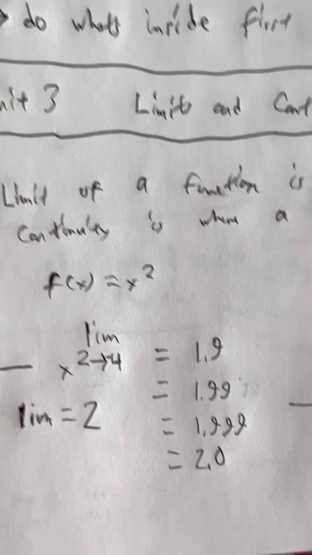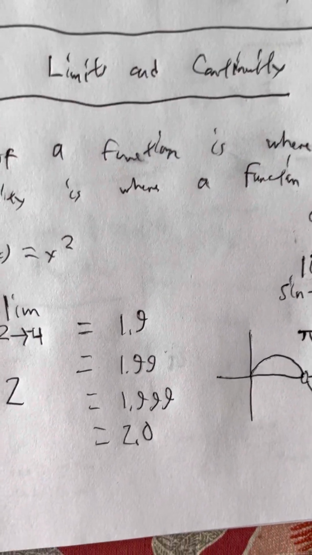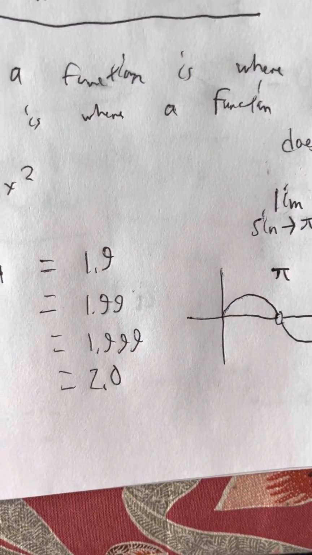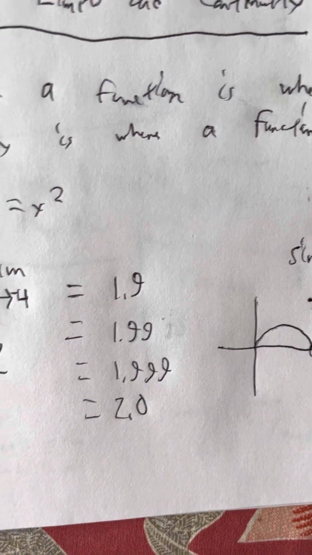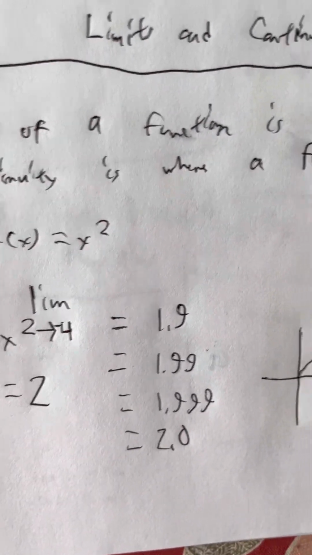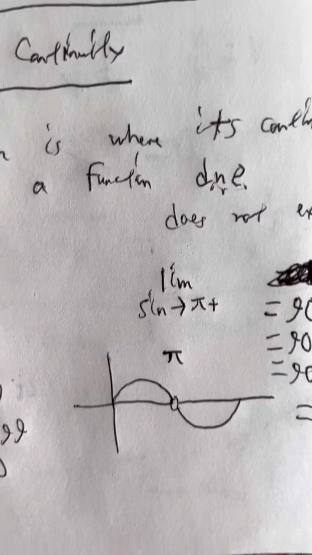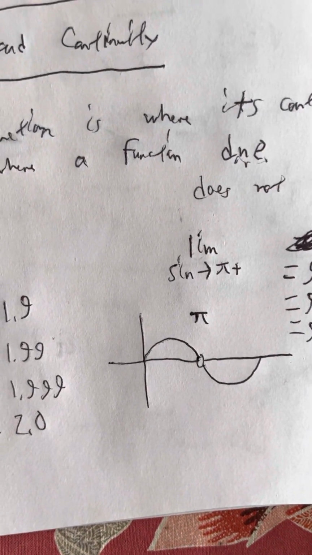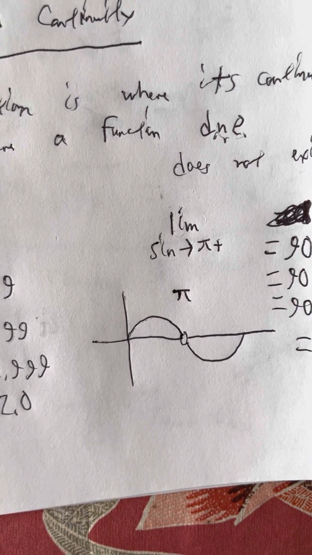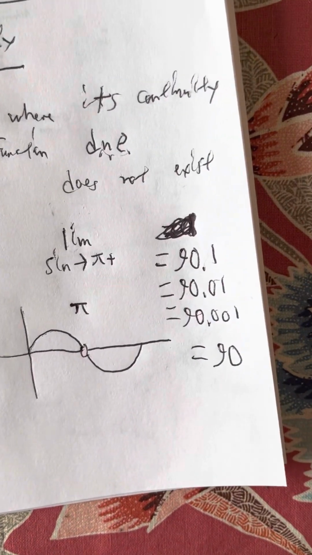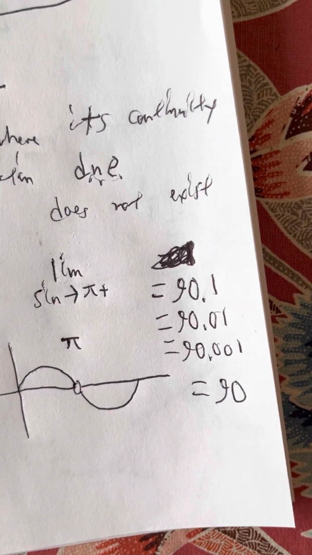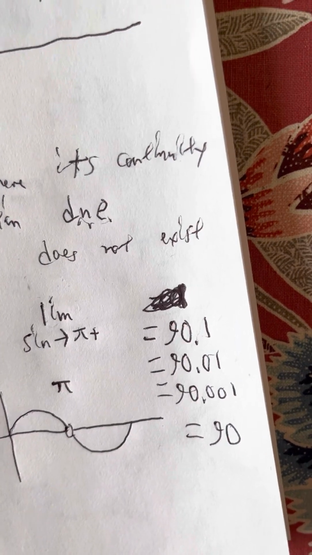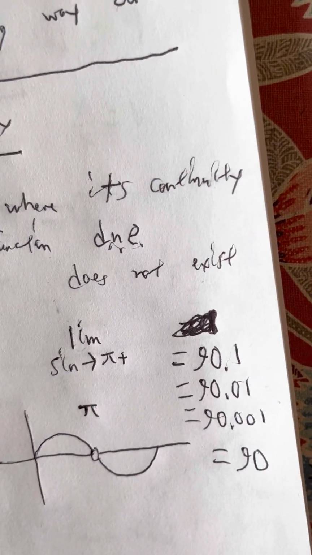The limit would be 2 because it's 1.9, 1.99, 1.999, so you get infinitesimally close to 2 on the minus side. Here's another one for a trig function. Limit of sine to the pi on the plus side. 90 degrees, 0.1, 0.01, it's 90, meaning it's pi.